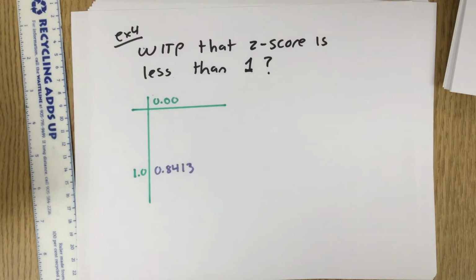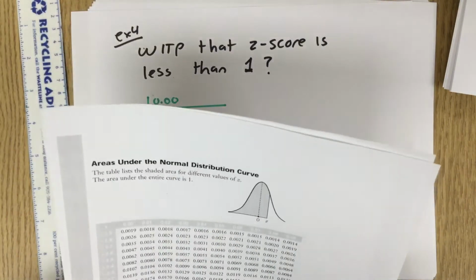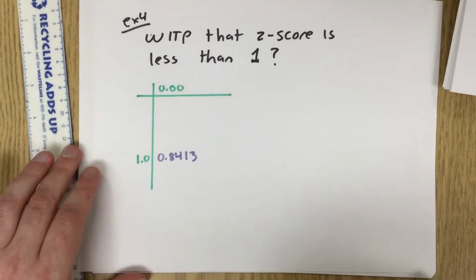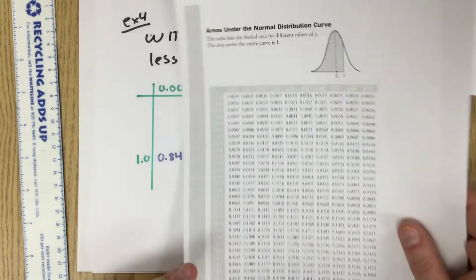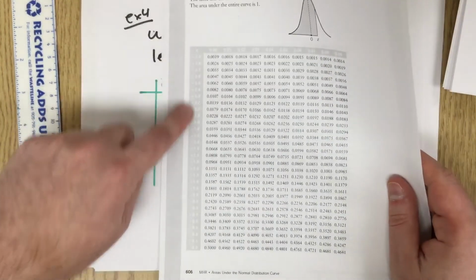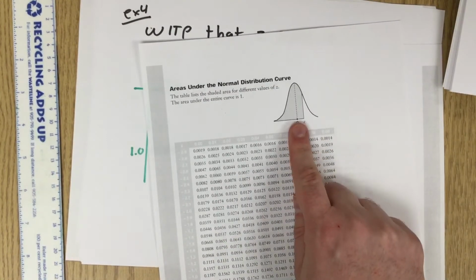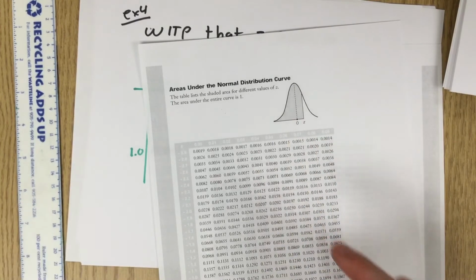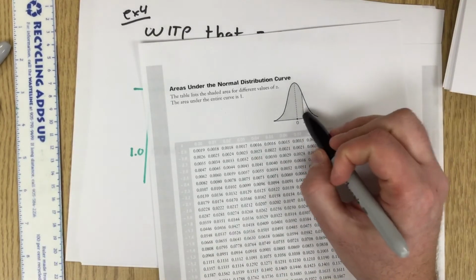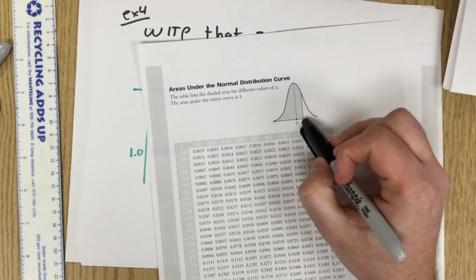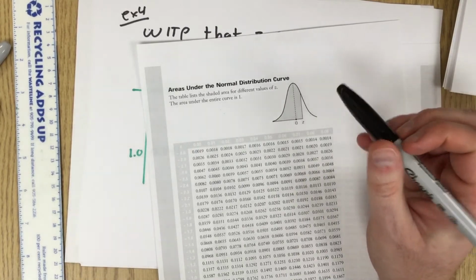So what this chart does, so presumably you have the chart now. So let's say I ask a question, and the question is, what is the probability that the z-score is less than 1? So what you're going to do, so this is negative z-scores, so we don't want this one. We want positive z-scores. But notice the picture. What this chart does, this chart gives the probability of being less than the given z-score.